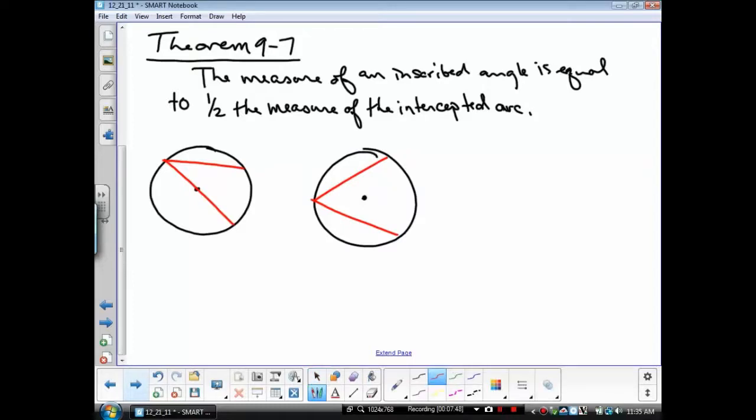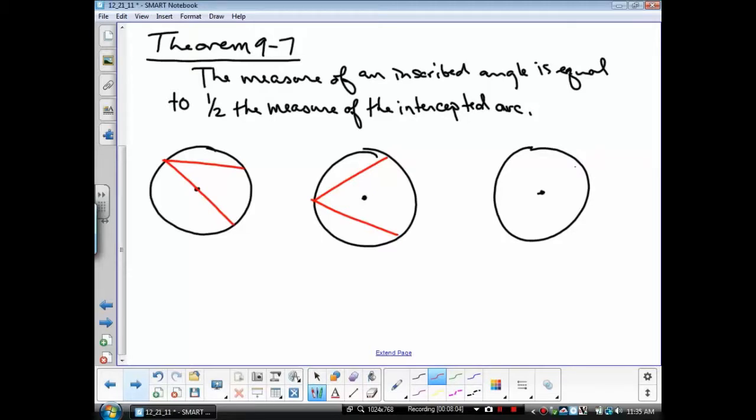The third diagram we're going to look at is the center is not inside the inscribed angle.